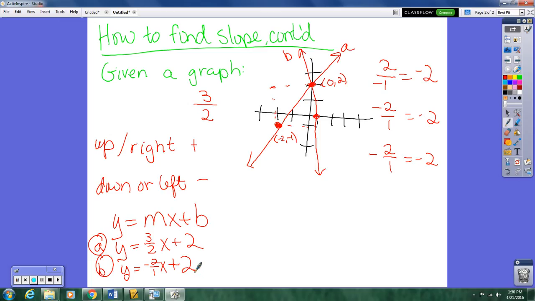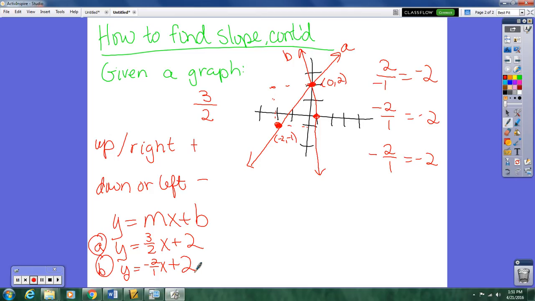Is that what you said? Slope is negative. You got the negative on the 2 over 1. The b is not negative, because that's a positive 2 right there. The y-intercept doesn't affect what the slope is. If the slope is positive or negative, it doesn't affect the y-intercept.